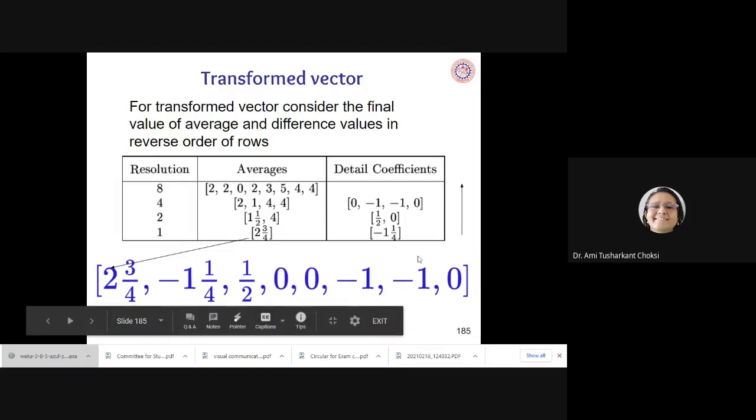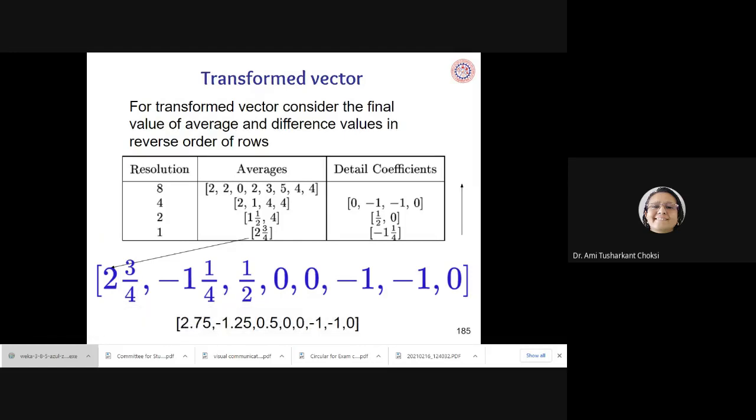What we get at the last, we write as a vector of real numbers: 2.75, minus 1.25, 0.5, 0, 0, minus 1, and 0, right?